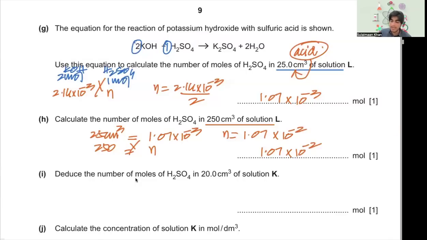Now tell me something, peeps. How many moles of sulfuric acid would be there in 20 cm cube of K? Remember, 20 cm cube of K and 250 cm cube of L would be the same. Back in our day, our friends used to rote learn this.